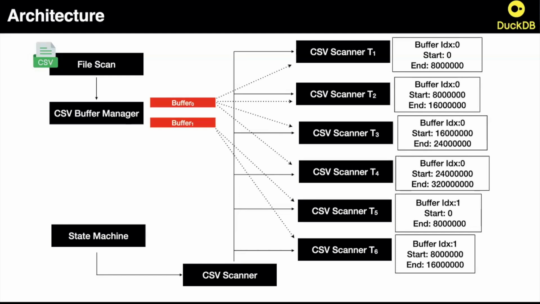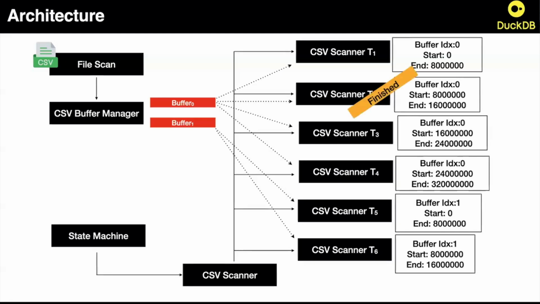So it starts from byte 0 until 8 megabytes. Thread 2 then gets the same buffer 0, but goes from 8 to 16. Thread 3 gets 16 to 24, so on and so forth, until thread 5 gets buffer index 1, and reads from the first 8 megabytes, and thread 6 reads the subsequent 8 megabytes.